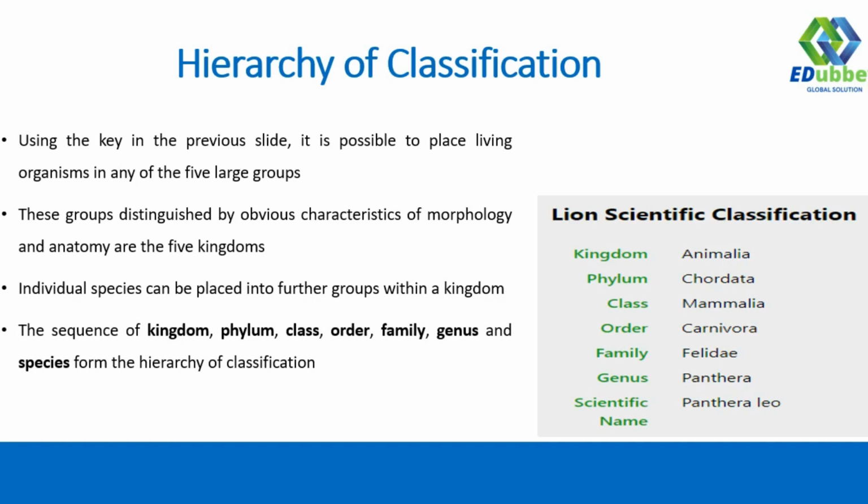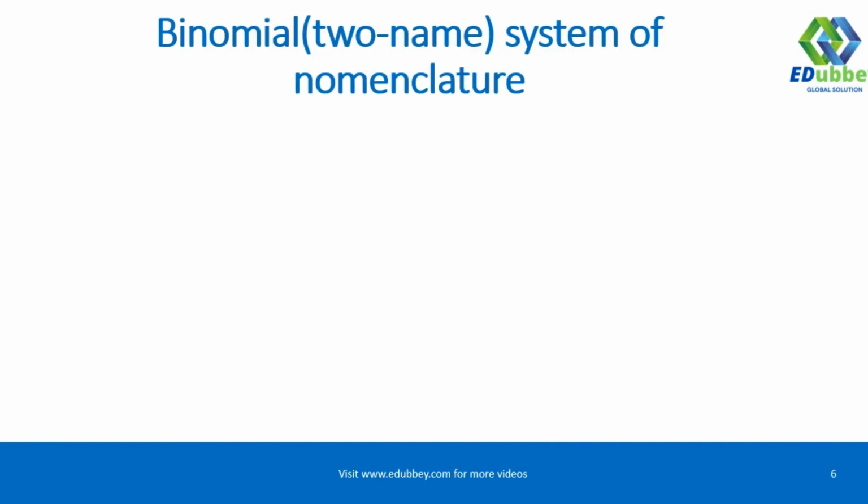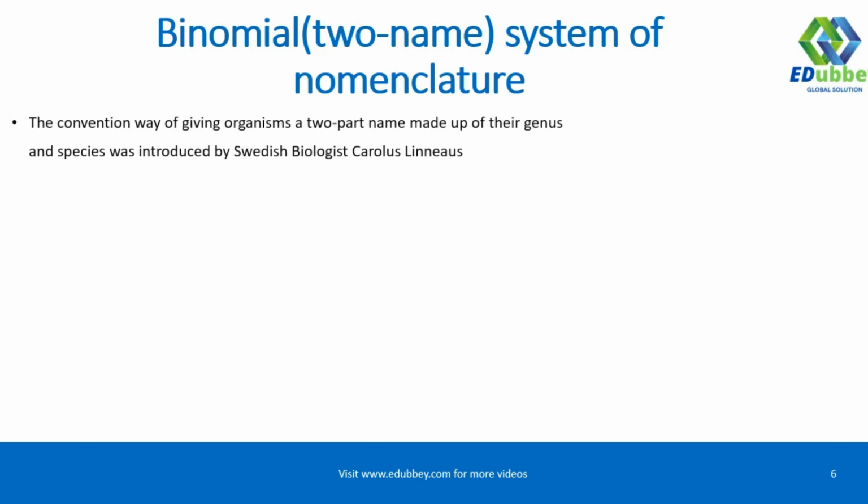On the right hand side, we have the classification of the lion, belonging to the kingdom Animalia, genus Panthera, and specific name leo. The binomial system of nomenclature. The conventional way of giving organisms a two-part name made up of their genus and species was introduced by a Swedish biologist, Carolus Linnaeus.